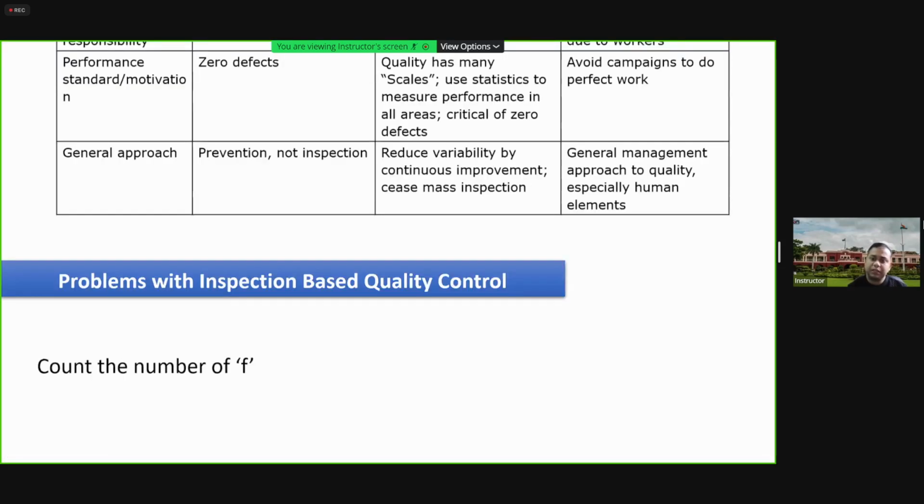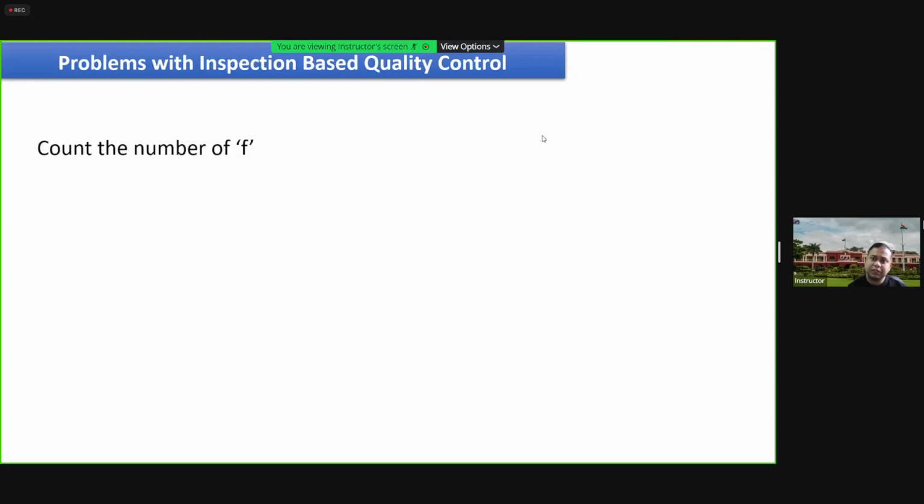Now, there are certain problems with inspection-based quality control, where we rely on inspection, be it 100% inspection or acceptance sampling based inspection. To help understand that better, we'll do a small exercise.